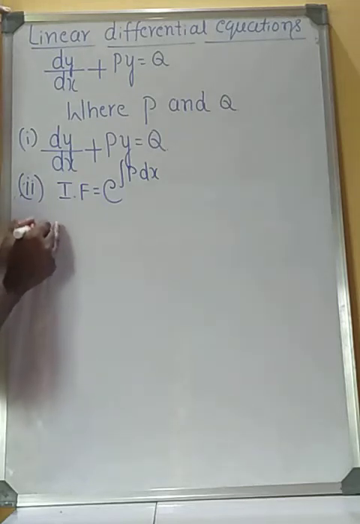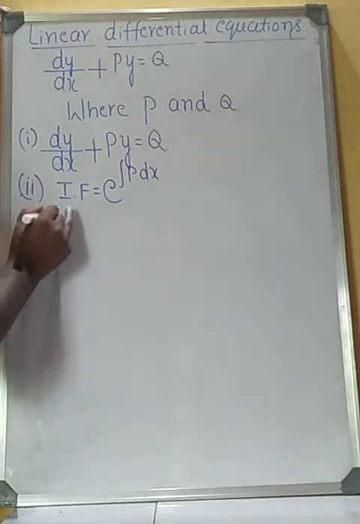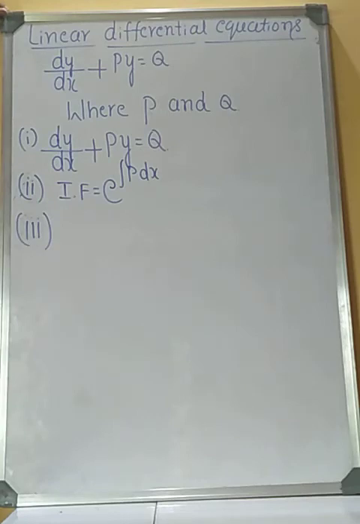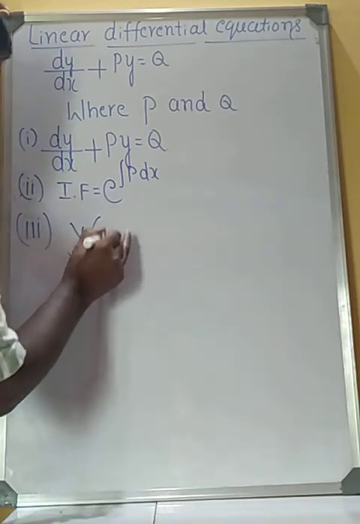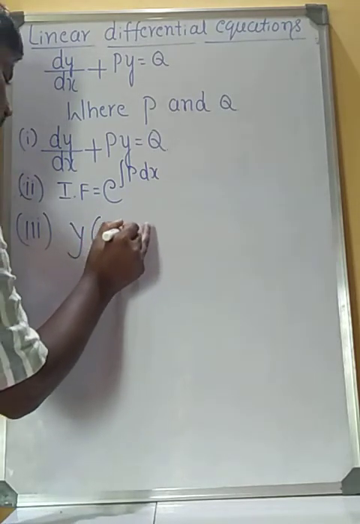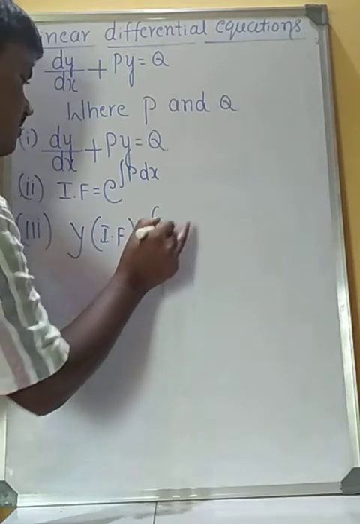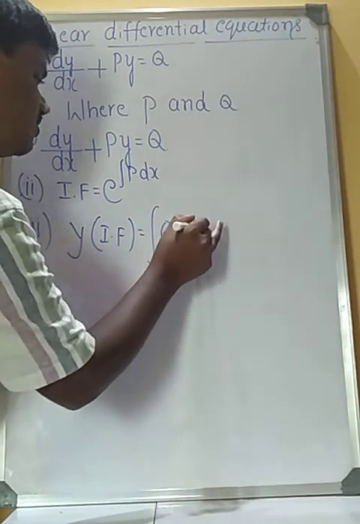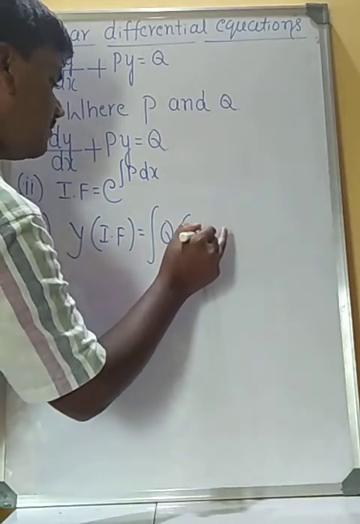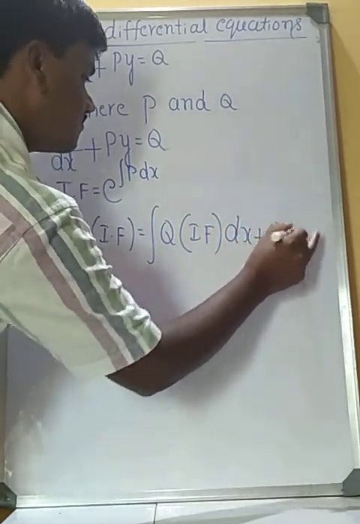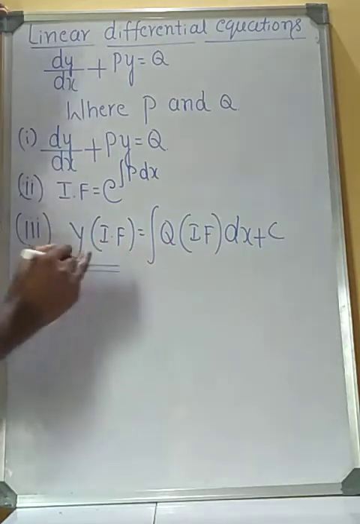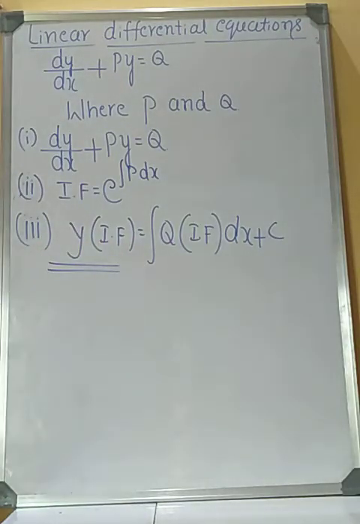And third step: write the solution of the given differential equation as y into integrating factor is equal to integral of q into integrating factor into dx plus c. This is the solution of the given differential equation.